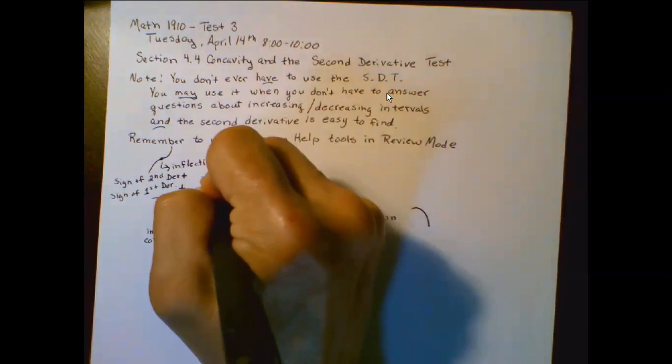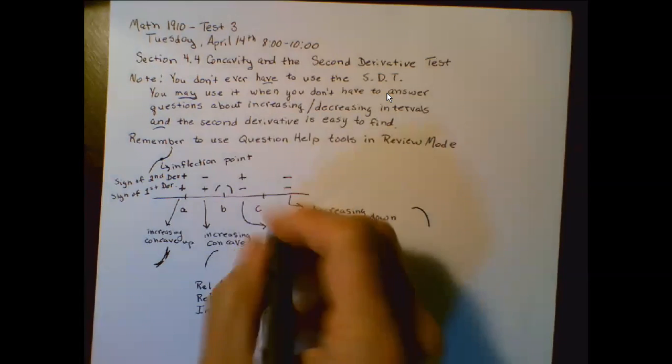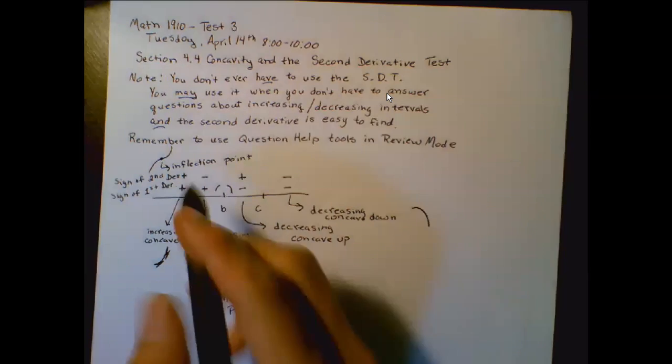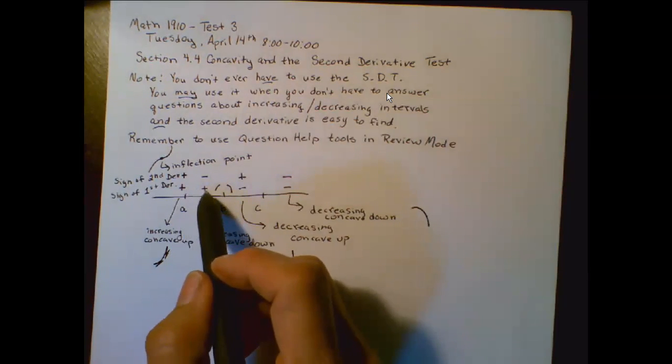Where the function goes from increasing to decreasing, there's a relative max. And what about a relative min? Both A and C. At A, the function was increasing and it kept increasing.